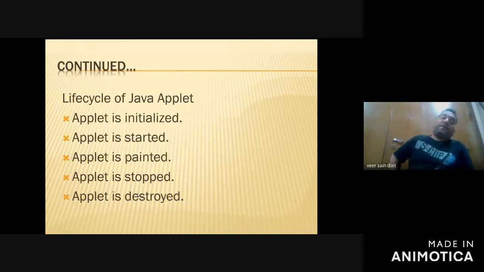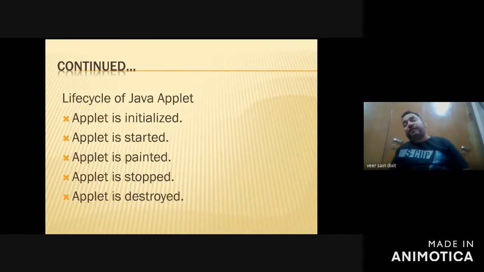So suppose you have opened any web page, and if that web page is having one applet, once it will draw, whenever you will refresh it, then again whatever the object, that will be redrawn. That is done using the repaint. Repaint internally calls the update method, right? So this is the difference between paint and repaint.